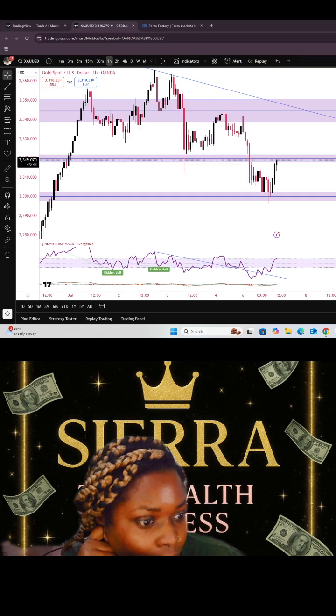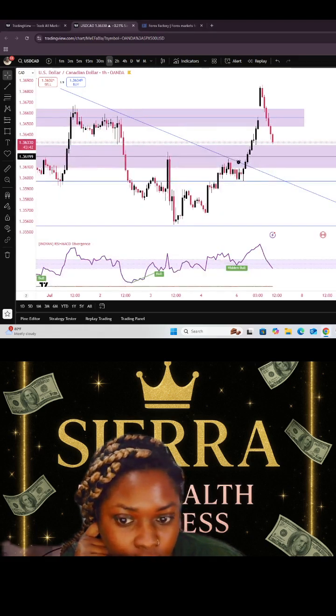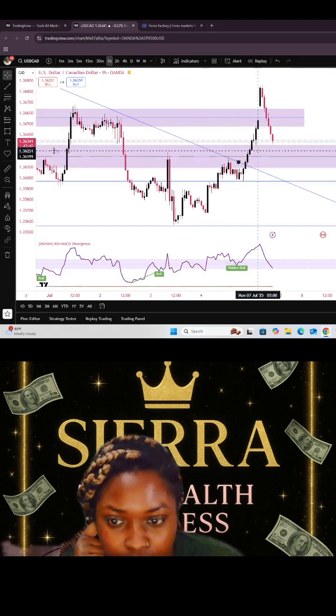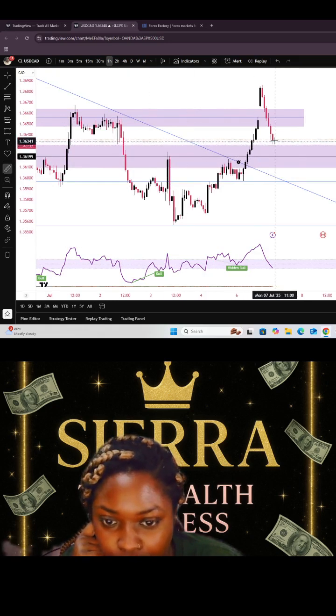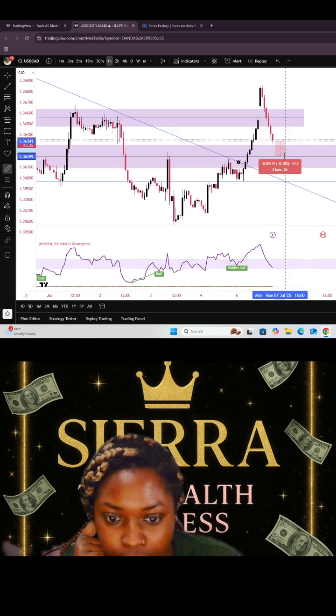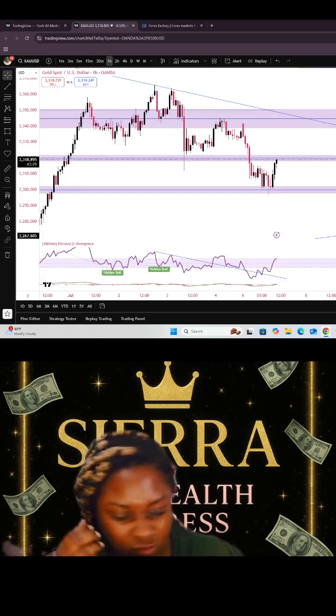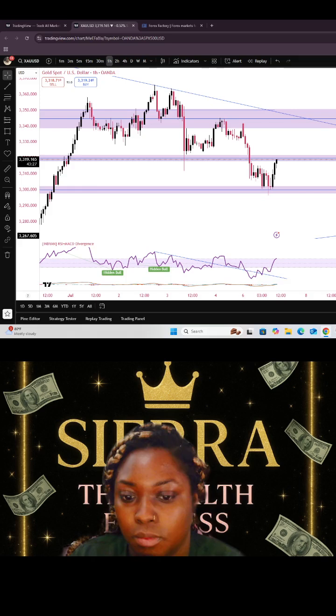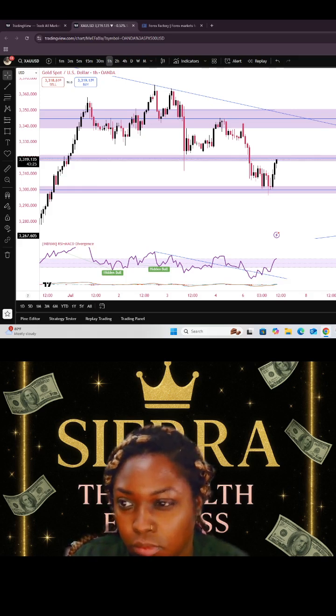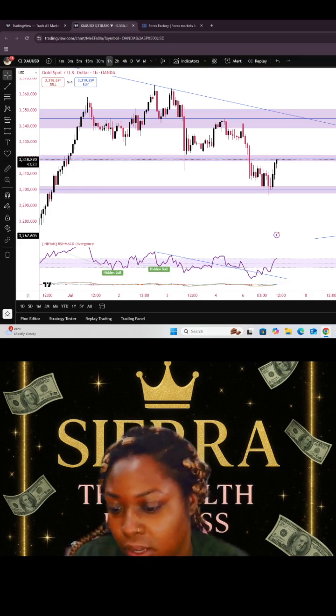All right, I am going to switch back and forth between gold and USD CAD. And USD CAD still has some room to fall. We got about 14 more pips before we come to our area on USD CAD. We got 43 minutes left in this hourly candle.